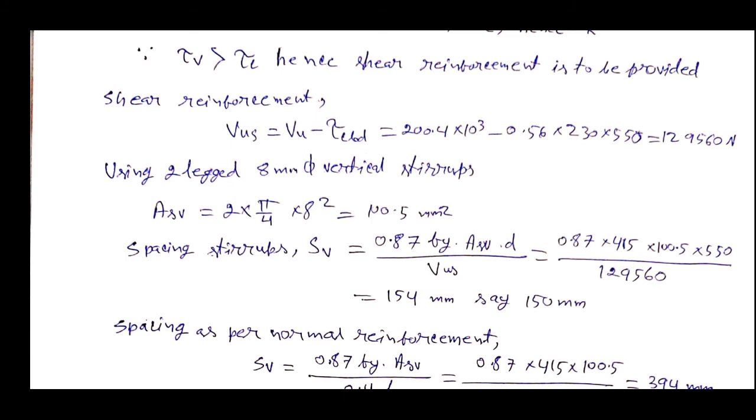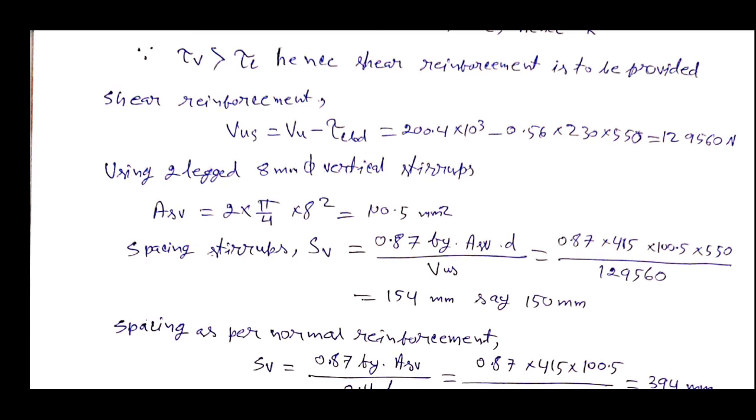Now spacing of stirrups, that is Sv, is equal to 0.87 fy Asv into d by Vus, that equals 0.87 into 415 into Asv 100.5 into d 550 by Vus 129560, that equals 154 mm, say 150 mm.